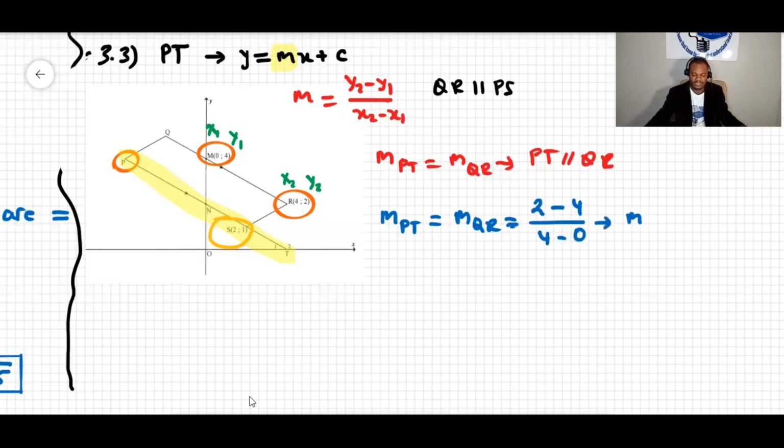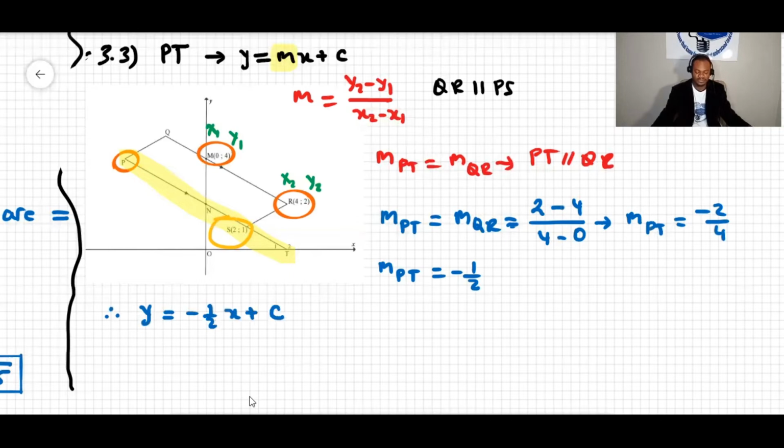This means m_PT is equal to -2/4, which means m_PT is equal to -1/2. So I know the gradient of the line PT. Therefore the equation will be of the form y equals -1/2 x plus c, where the -1/2 is just the gradient m.